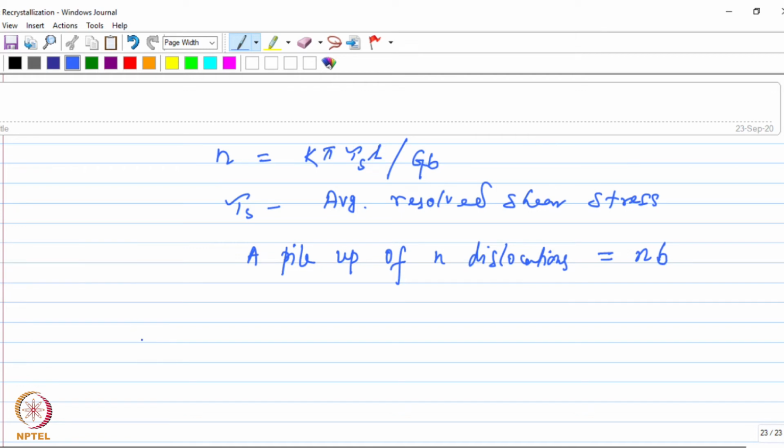And therefore, the stress at the tip of the pile-up is nb into tau s, because tau s is the shear stress which is needed to move one dislocation, right? So if you have this many dislocations or a dislocation of this strength, the stress which will be developed at the tip of the pile-up will be this, okay?